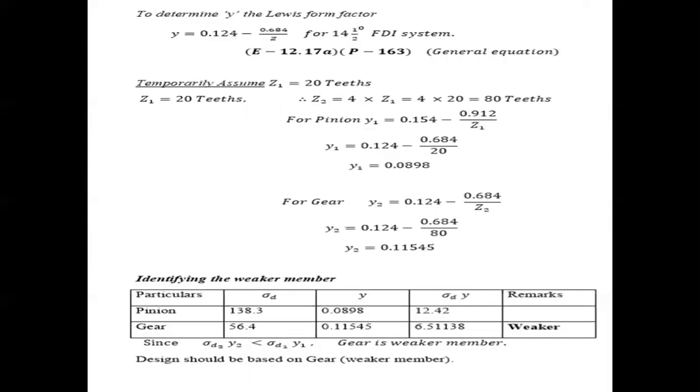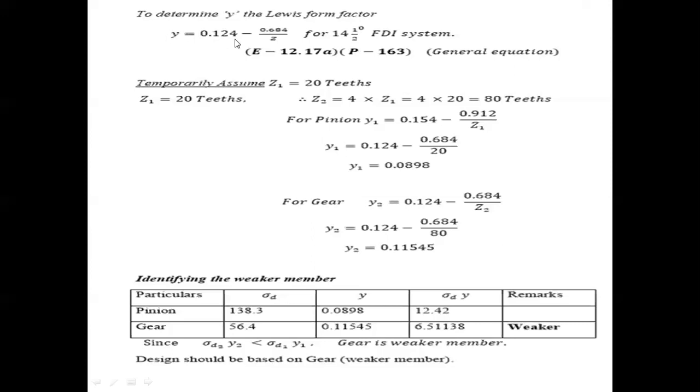There we have three equations, 12.17a, 17b, and 17c: one for 14.5 degree, and the other two for the 20 degree involute systems. In the last problem we used equation 12.17b, but here it is a 14.5 degree involute system, so we have to go with equation 12.17a.